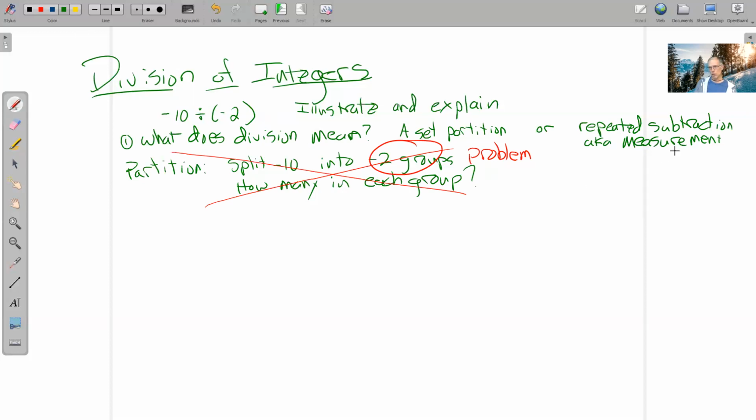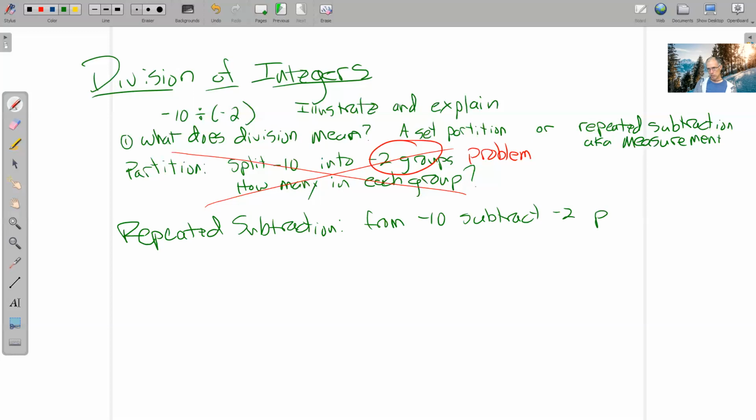So the alternative approach is to try the repeated subtraction. Okay, so let's try repeated subtraction as the definition for division. In that case, what does -10 divided by -2 mean? Well, there's a couple ways to say it. You could say from -10, subtract -2 repeatedly till we get to 0.